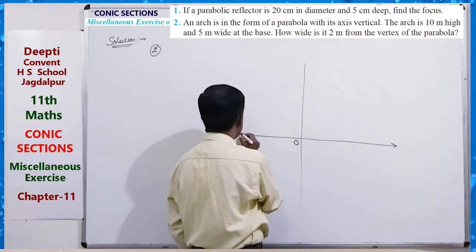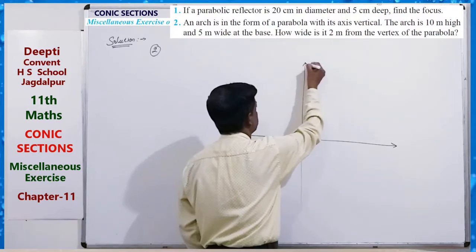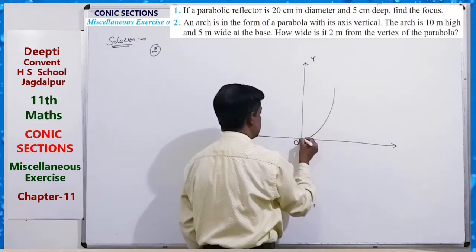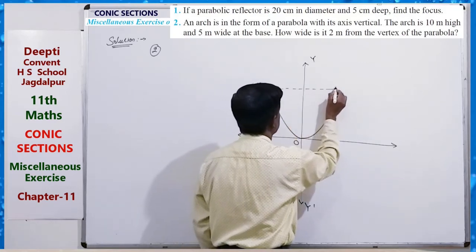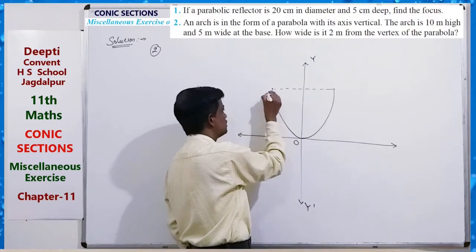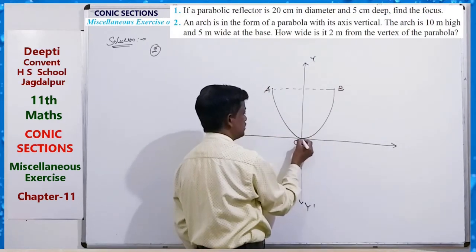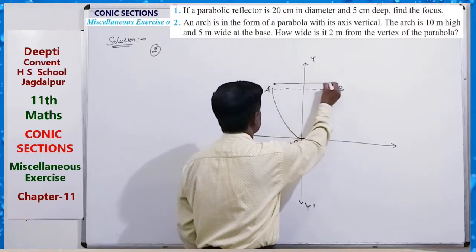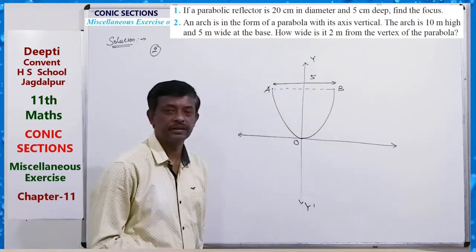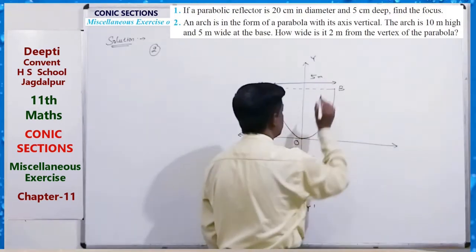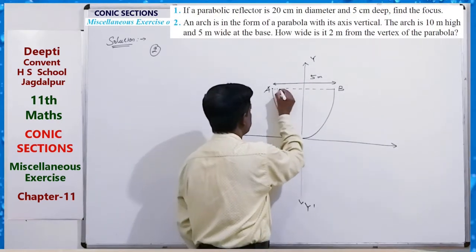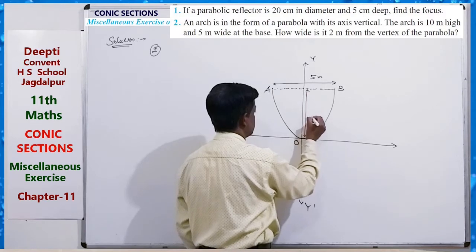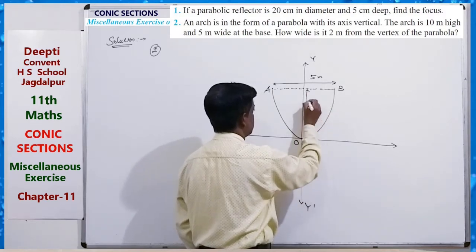We have to draw the parabola vertically, like this. Suppose AB is the base, and this is the vertex. The base is 5 meter, and the height is 10 meter.